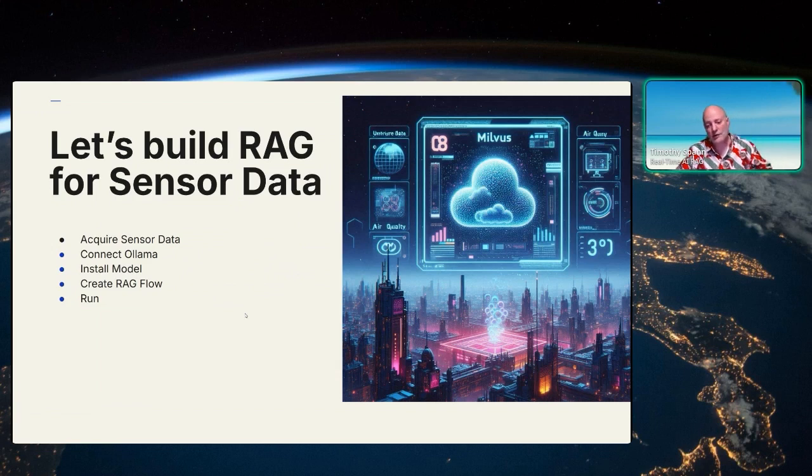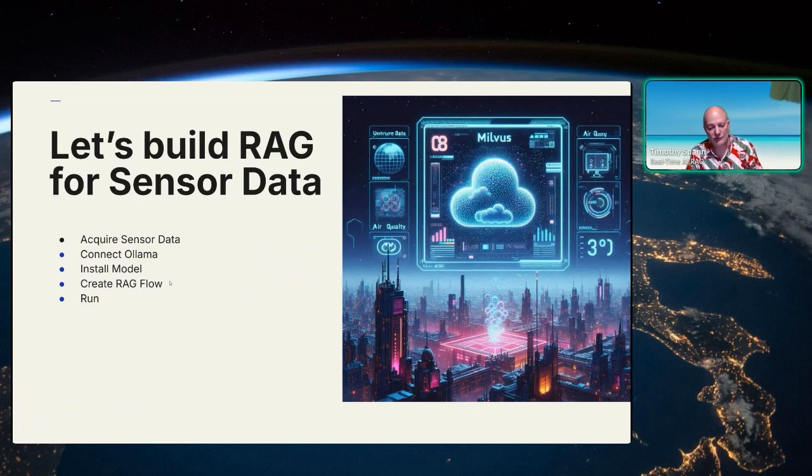So we're going to acquire sensor data, and again, lots of options there. Connect to Ollama, which if you haven't used that before, there are certainly other options, but Ollama has a lot of the new models. It's very stable, very easy to add different models there. Works pretty well. I'm very happy with Ollama. We install a model.